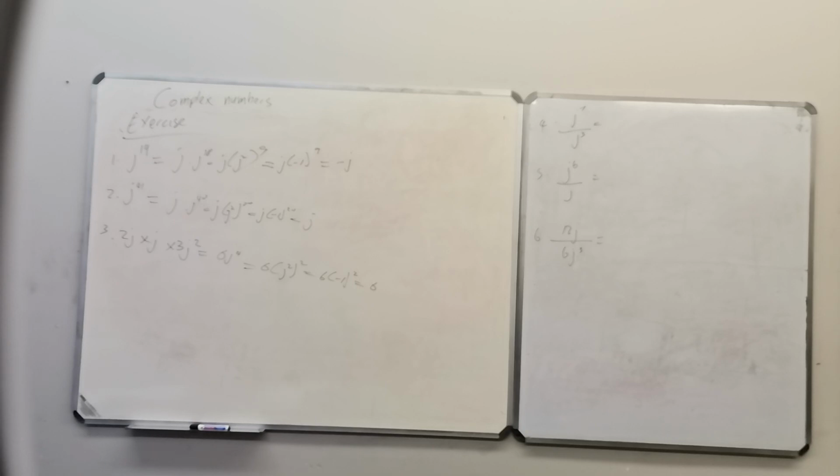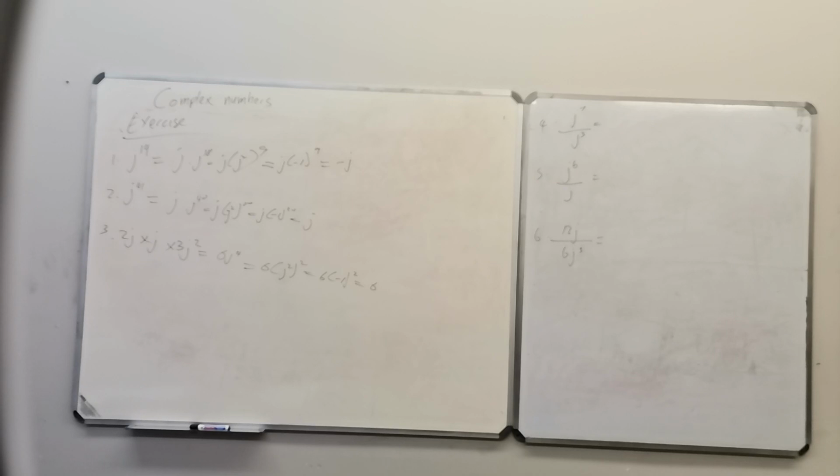We'll get minus 1 to the power 3 and minus 1 to the power 5. Odd numbers: minus 1 is minus 1, so this is also minus j. This is the odd number.